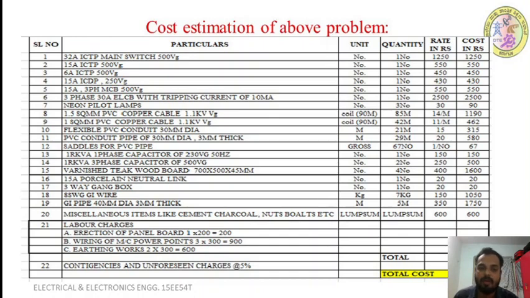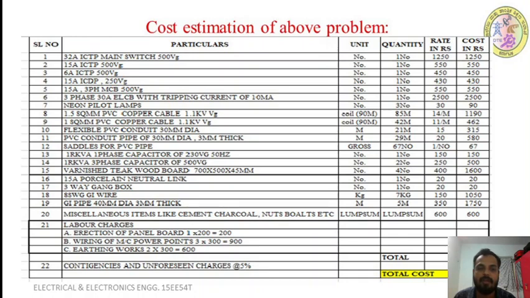Next 15 ampere ICTP, one number, each costs 550 rupees, so 1 into 550 becomes 550. Next 6 ampere ICTP, one number, each costs 450 rupees, so 450 rupees. Next 15 ampere ICDP, one number, each costs 430 rupees, so 430 rupees.